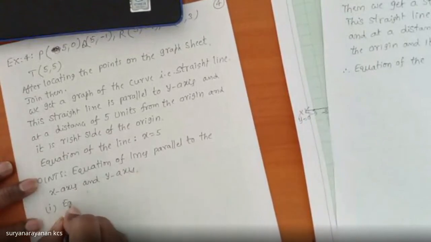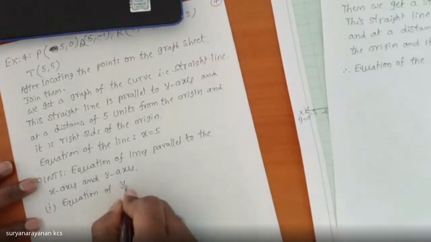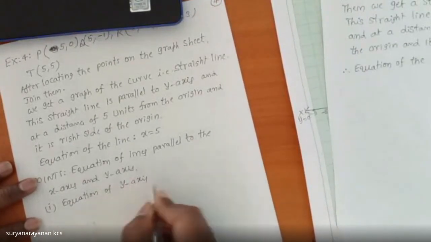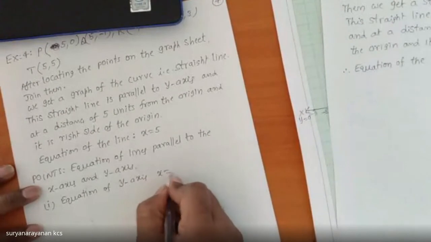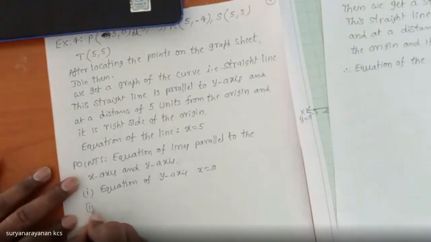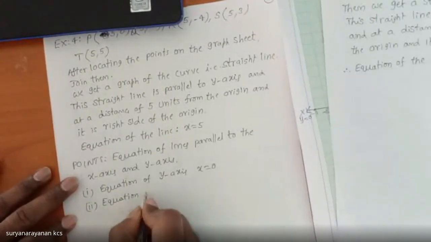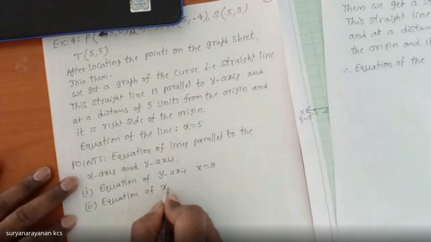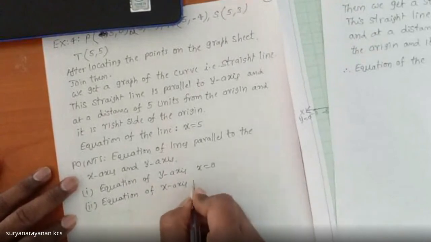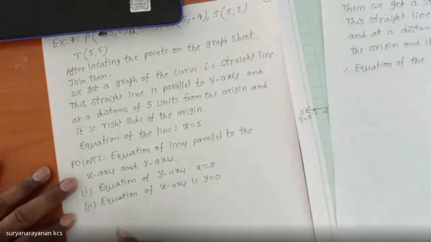What is the equation of the y-axis? Tell me. X is equal to 0. Second point, the equation of the x-axis is y is equal to 0.